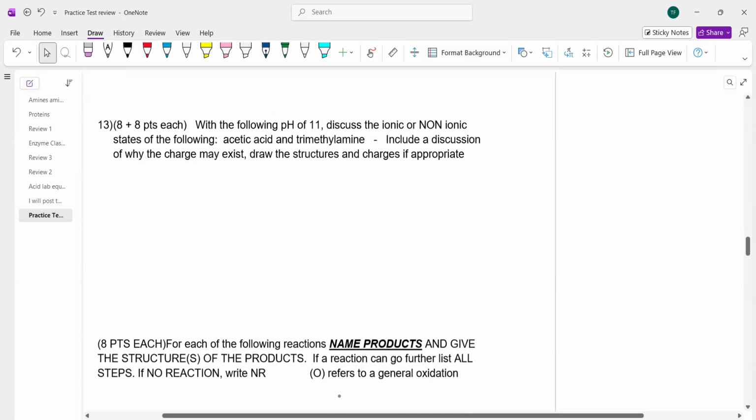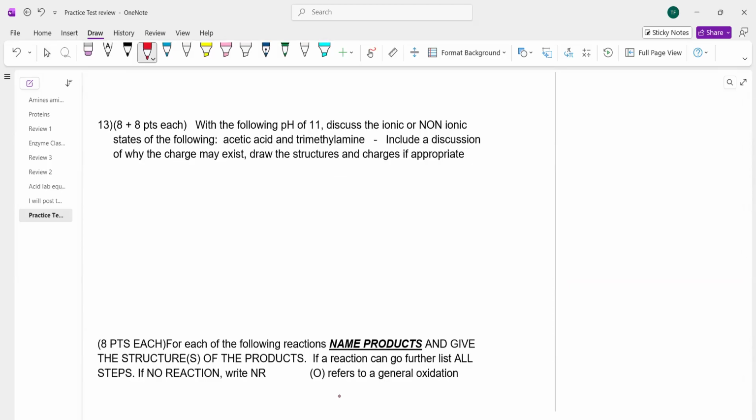Okay, so we're looking at an alkaline or basic pH. So at pH greater than 7, we've got acetic acid, and that's going to look like this.